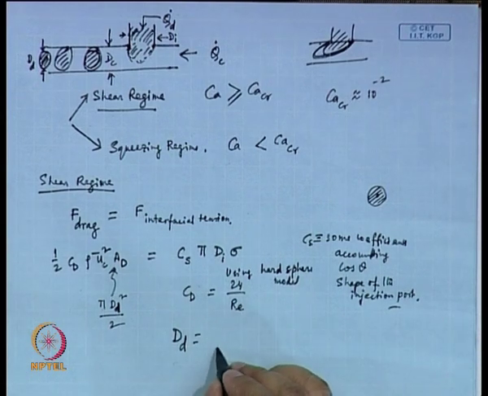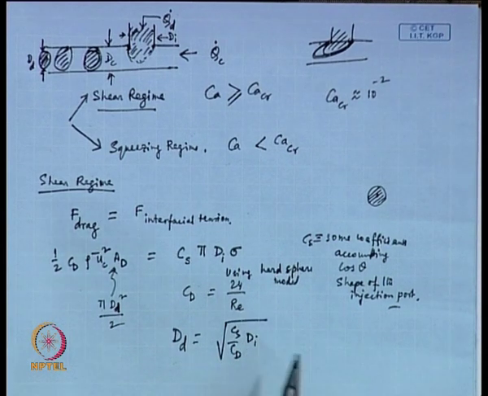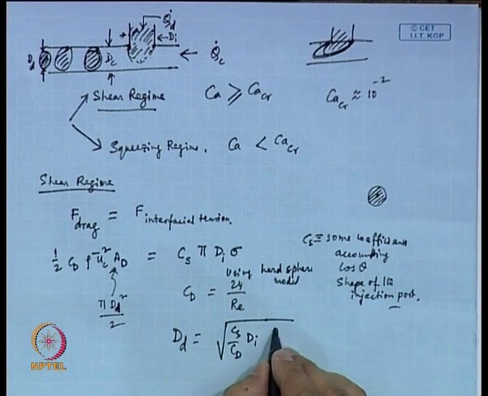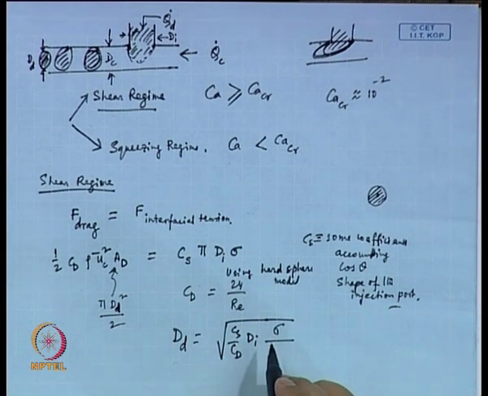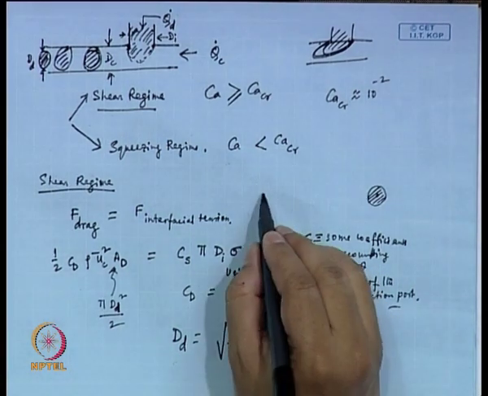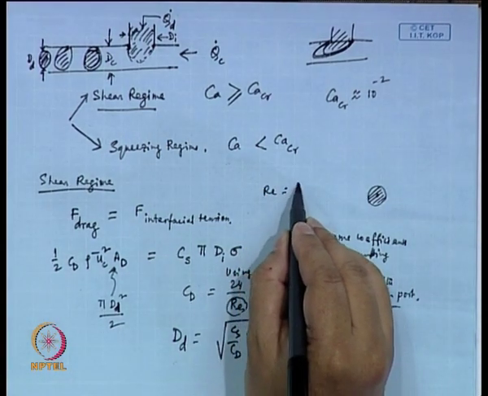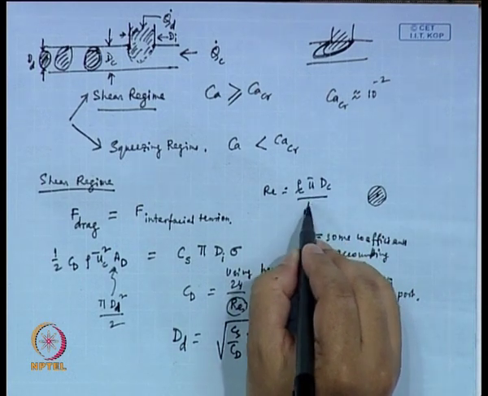It would definitely be Cs divided by C d. I see the value di appearing here, then sigma is there, and Re is based on the carrier fluid. So, this Re is nothing but rho c u bar d c divided by mu c.